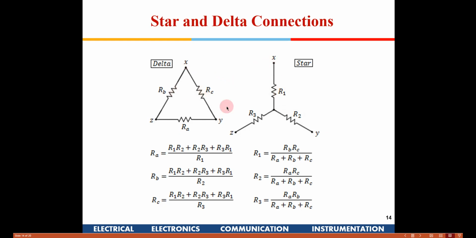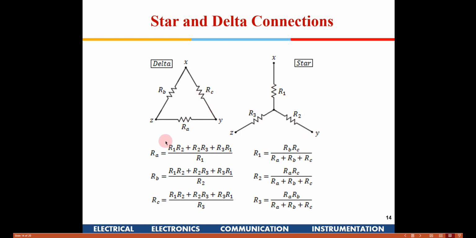So R1 is RB RC divided by RA plus RB plus RC. Similarly, for R3, it will be the product of RB and RA, and the denominator is all the same, RA plus RB plus RC. For R2, it will be RA into RC. So this is the way you convert a delta connection into a star.